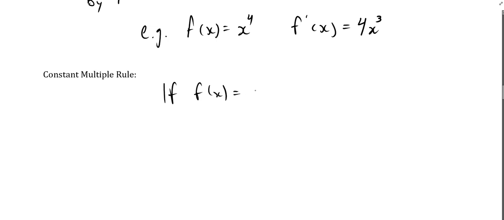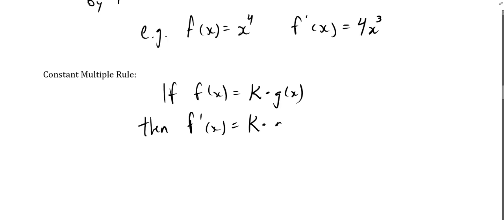So if f at x equals k times g at x, then f prime x equals k times g prime x.